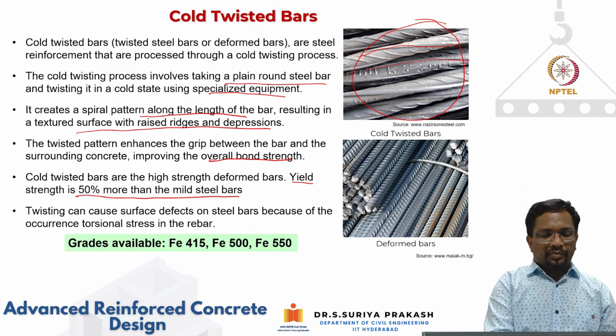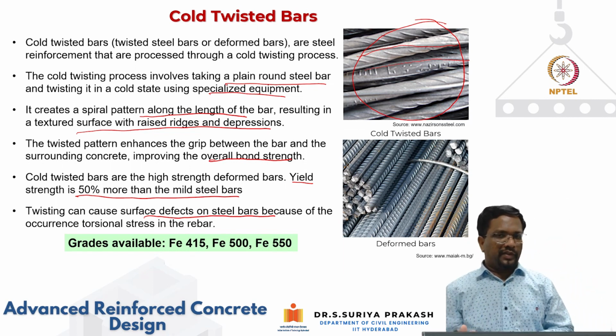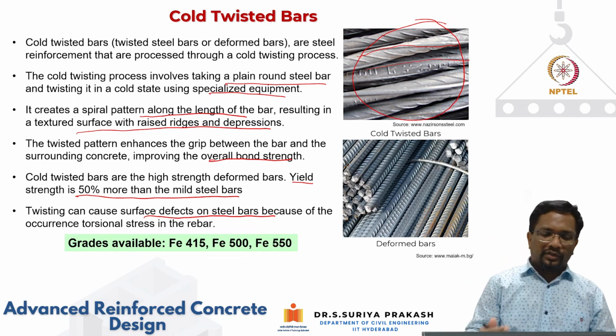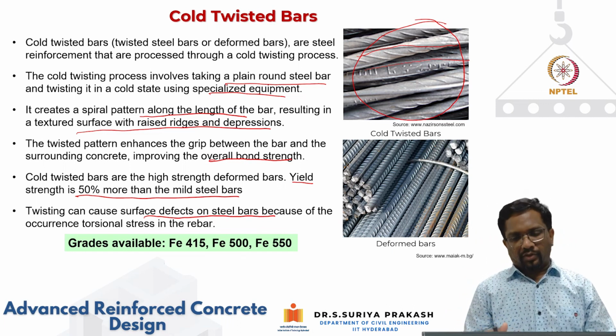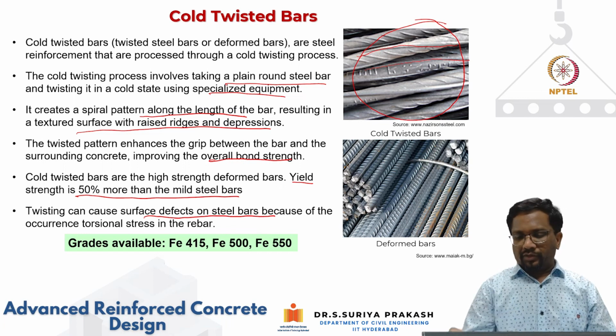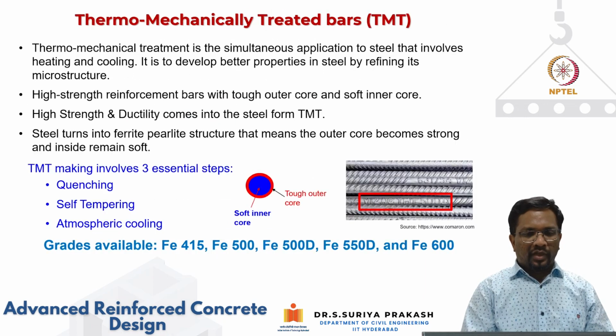And twisting can cause surface defects. This is one of the disadvantages, because of the torsional stresses that you are inducing in the manufacturing process, and because of this, it also becomes less corrosion resistant. Okay, because you are putting some residual stresses during the manufacturing process.